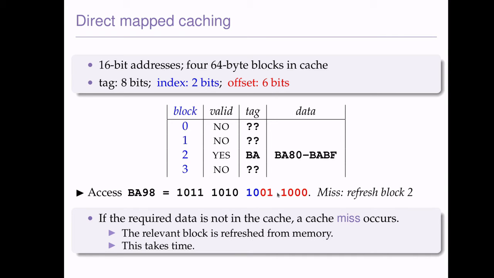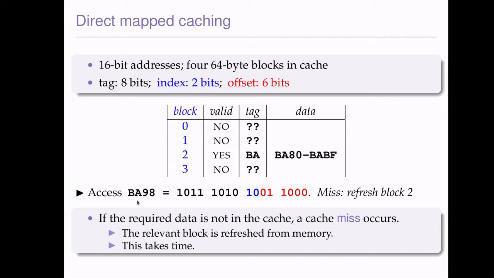So subtracting 18 from BA98, we get BA80, and that's the lower end of our data. And then we add 63 onto that, which is 3F. Remember, because 80 itself contains a byte, so to get 64 bytes, we go 63 up, and that takes us to BABF.